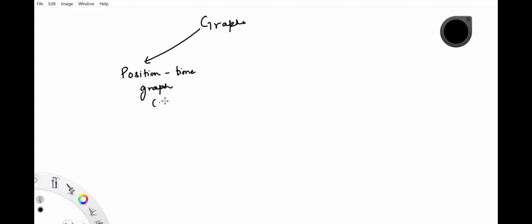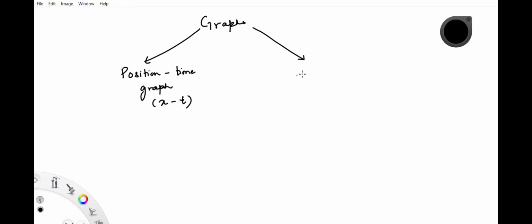You can write the position time graph as xt graph if you want to represent it mathematically, because you see a couple of questions where you will see draw an xt graph, so that should not create any confusion. So the symbol for position is x, be it distance or displacement.